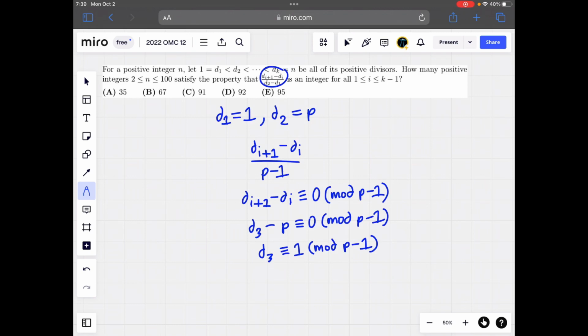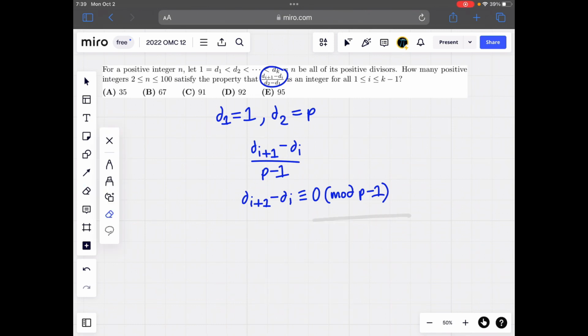And now if we use i equals 3, then we can get d_4 minus d_3 is congruent to 0 mod d_2 minus d_1, which is just p minus 1. But we know that d_3 is congruent to 1, so we have that d_4 is also congruent to 1 mod p minus 1.